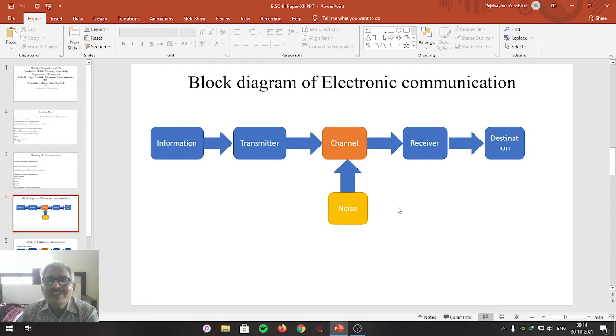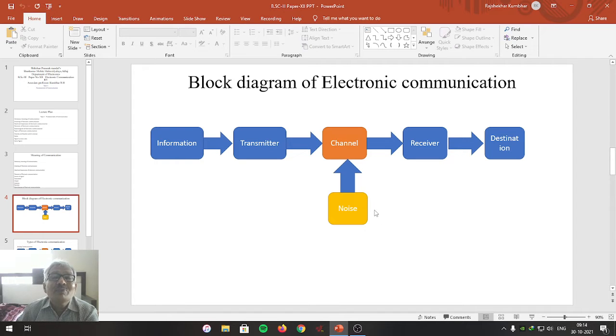All these are unwanted things. Maybe some accident happens while you are traveling. Maybe some crowd is coming. Maybe the weather is disturbing. All such things are unwanted when you start your journey from your house to reach a particular destination. All these are called noise.